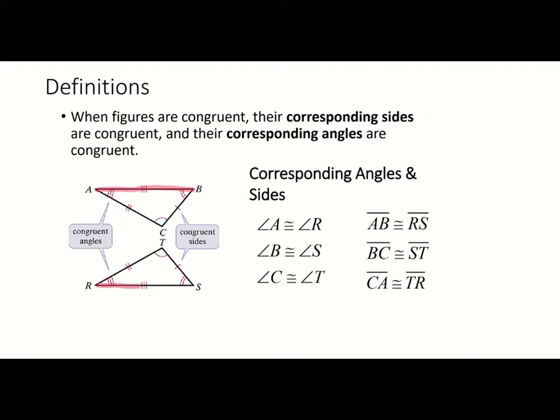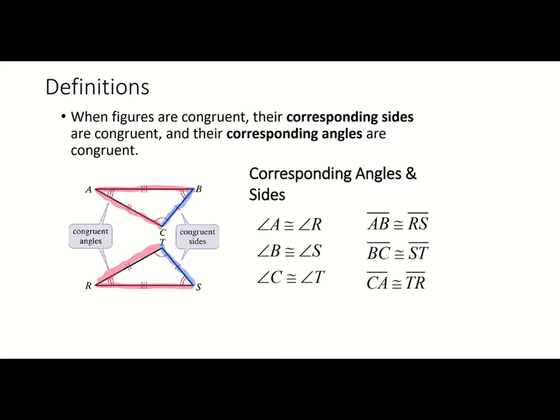I know this because in the picture, they're both marked with 3 slash marks. I also know that AC will correspond to RT, and again, there are 2 slash marks. Our final corresponding sides are BC and TS.